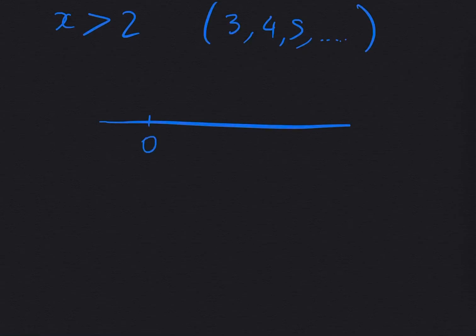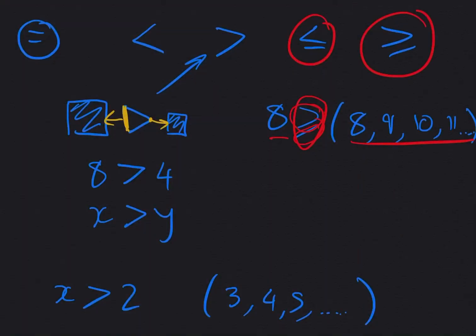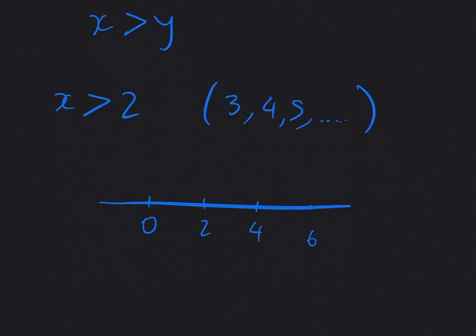We think about all the numbers that are greater than 2. So if we put in 2 here, 4 here, 6 here, we just put on an open dot and say, well, it's any of those.